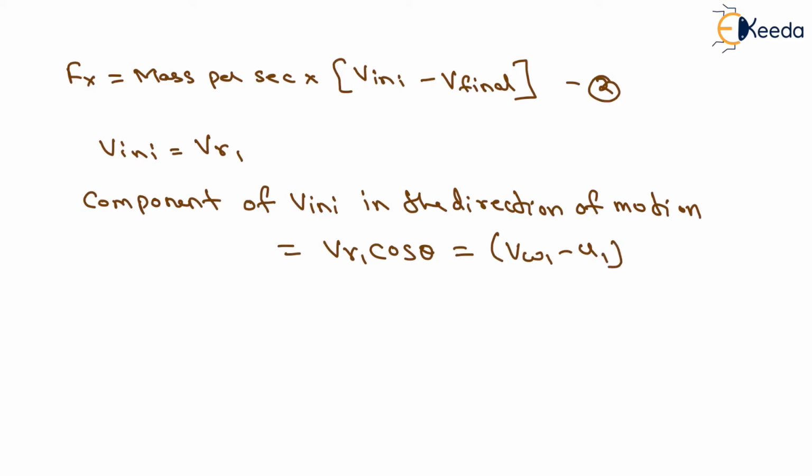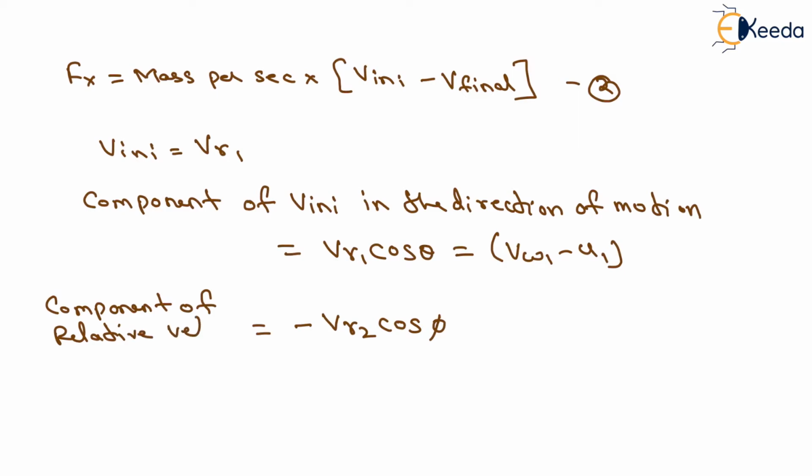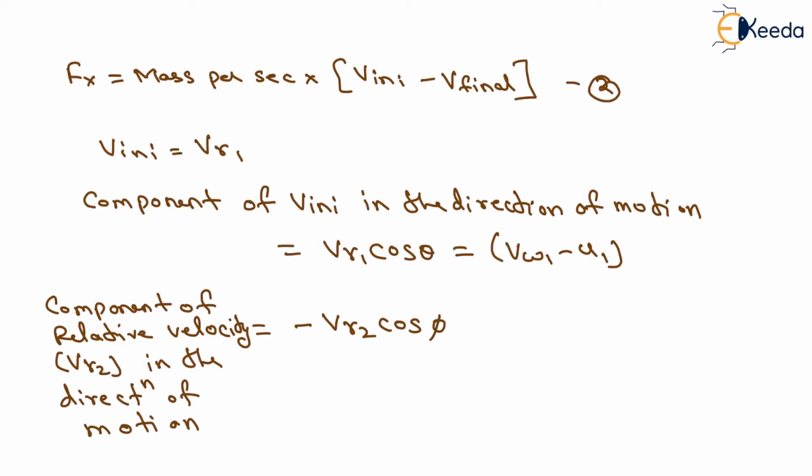Similarly, the component of the relative velocity Vr2 at outlet in the direction of motion will be equal to minus Vr2 cos phi. Now it will be equal to minus of u2 plus Vw2 from the diagram.